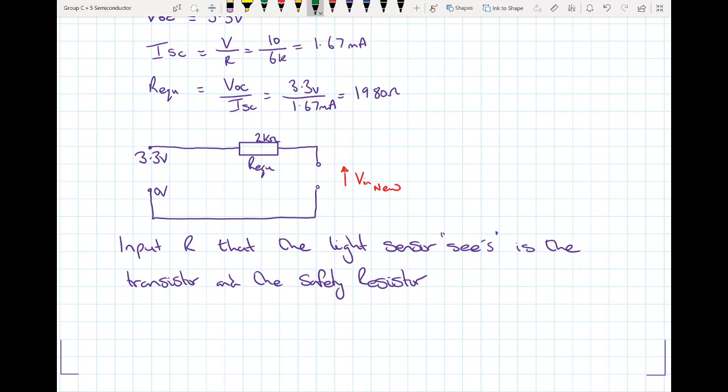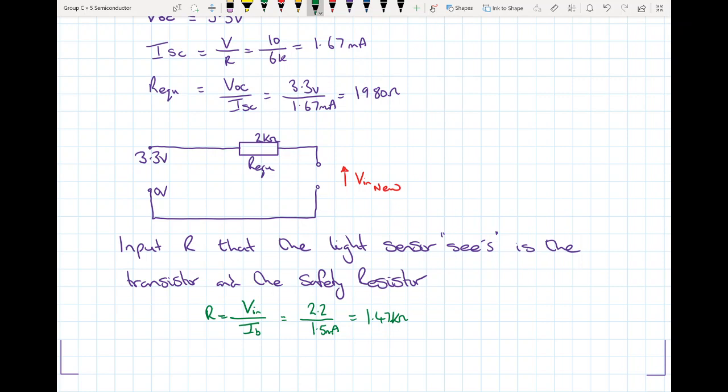Well, luckily for us, we've got the old Vin. So resistance is equal to voltage divided by current. So in particular, it's our old Vin and our original IB. So we said we got 2.2 volts and 1.5 milliamps gives us 1.47 kilo ohms.